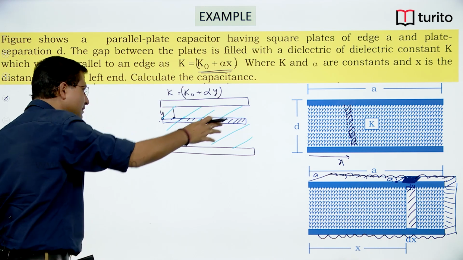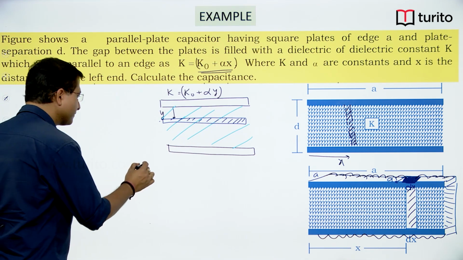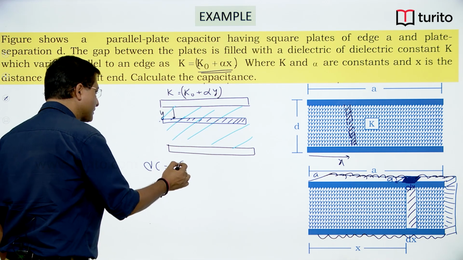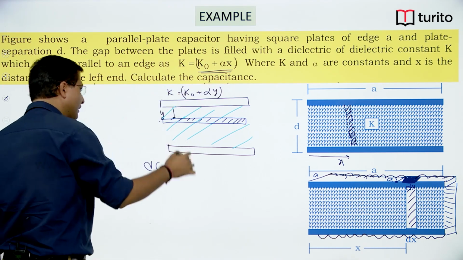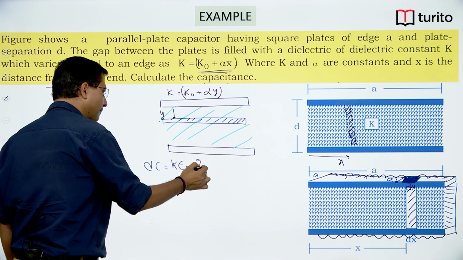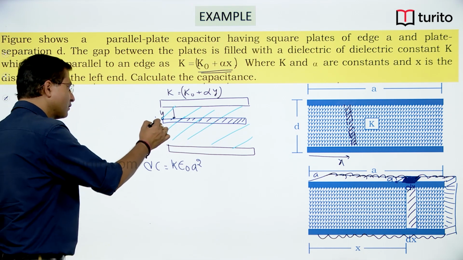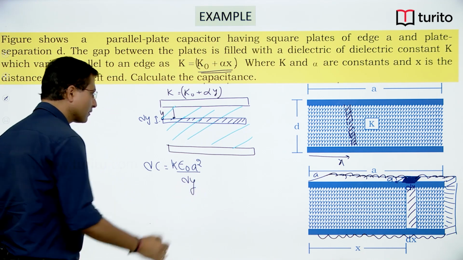So, all dCs are in series combination. What I will write? First I will write dC, dC is equal to epsilon naught k times surface area, which will be A square only, right. The thickness of this one will be dy, so I will write dy here, divided by dy.